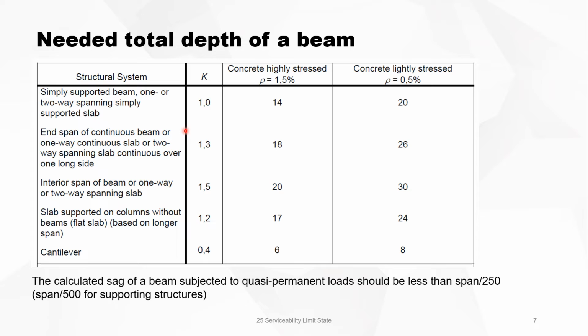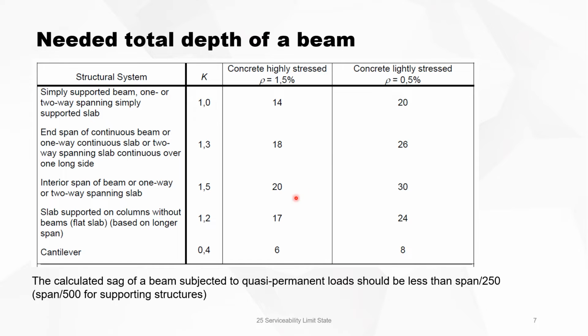In the previous formula, there was a factor K, and this factor depends on the structural system. If it's a simply supported beam, the K factor is 1. If it's a cantilever, the K factor is 0.4. And you will see now the required slenderness, L over D, for highly stressed concrete, which means reinforcement of more than 1.5%, or for lightly stressed concrete with a reinforcement of 0.5%.